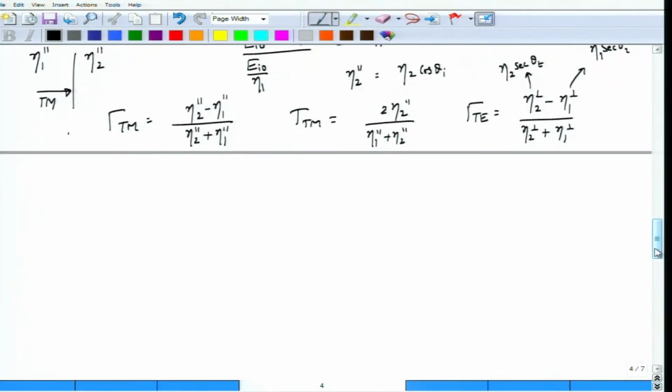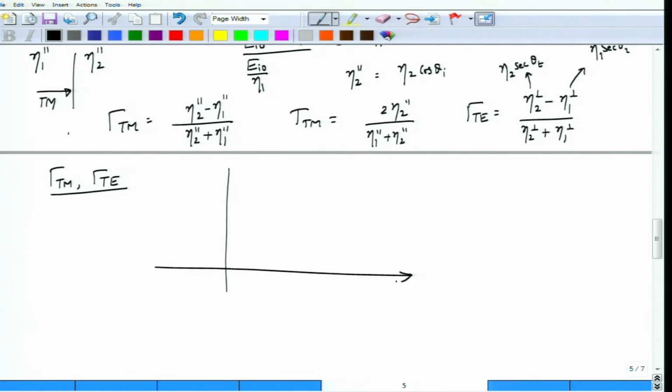Okay. Let us try to sketch this gamma Tm and gamma Te to see whether we can actually discover something interesting. So, let us try to sketch this gamma Te first, for two different cases. You can actually write a short MATLAB script to do this, right.